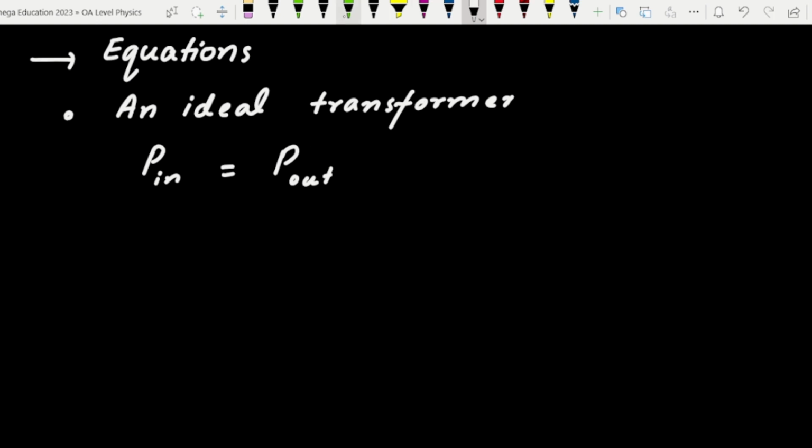Electrical power is represented by at least 3 formulas straight away. One of them is power equals voltage times current, so we'll be using that. Voltage times current over here equals voltage times current of the output.